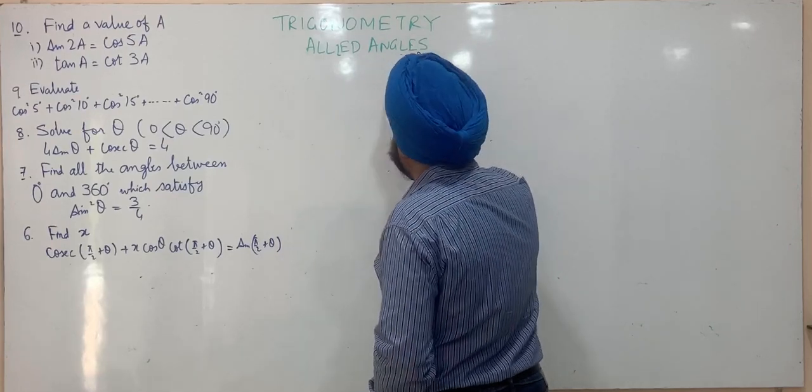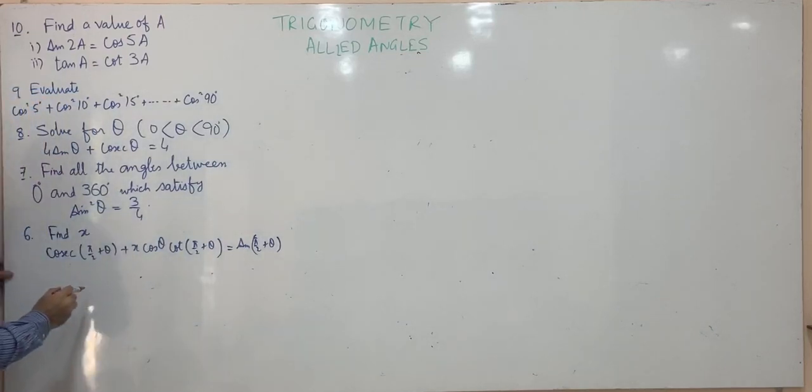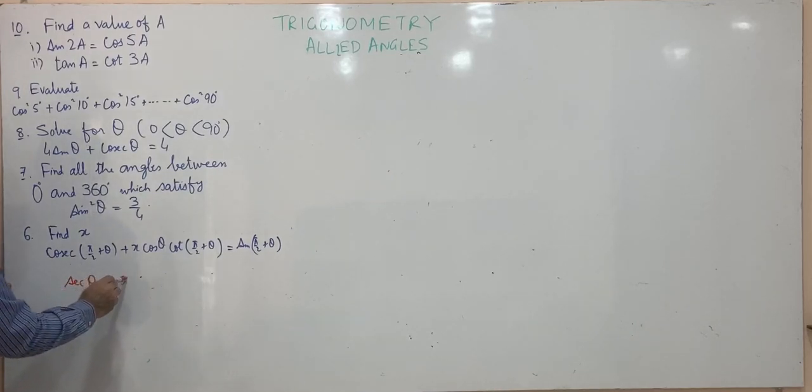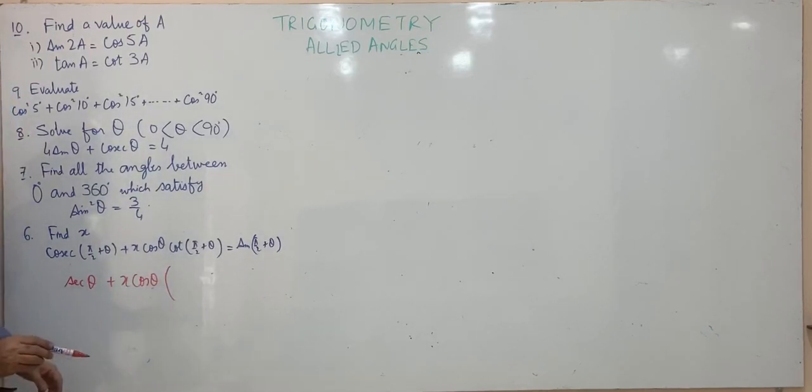We have cosecant of pi by 2 plus theta. This can be written... now this is in the second quadrant where cosecant is positive. So co will be removed. It will be secant of theta plus x into cos theta, cot pi by 2 plus theta.